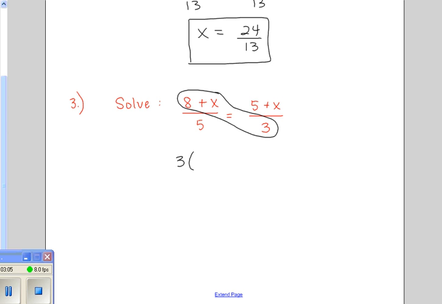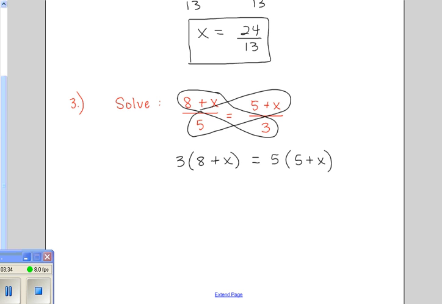If you have a binomial, the best way to write it would be in parentheses. Okay, and that is equal to 5 times 5 plus x. So again, a binomial goes in parentheses. And so I have 3 times (8 plus x) equals 5 times (5 plus x).